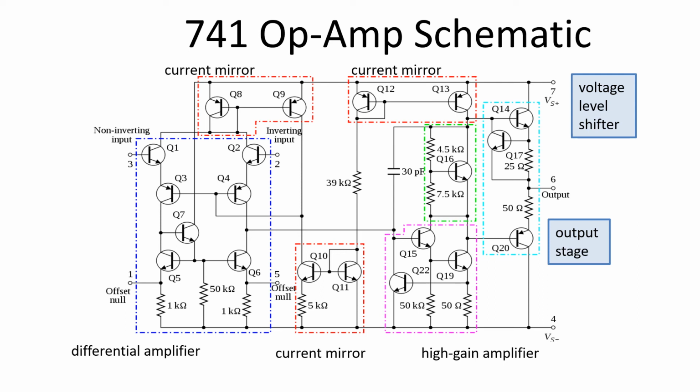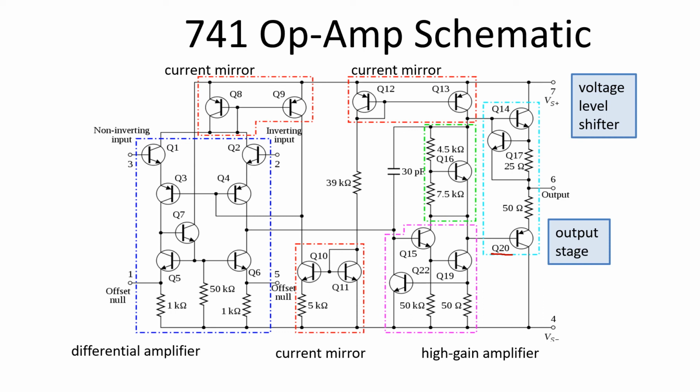There are only discrete components like transistors, resistors, capacitors. That is why this is called an analog IC, because inherently it contains transistors only. And for the 741 generalized version, there are 20 transistors being used within this circuit, and it has various stages.